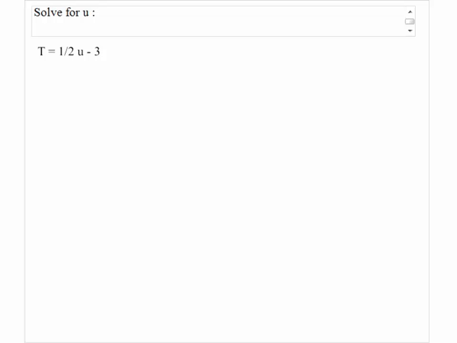Solve for u. We have t is equal to 1/2 u minus 3. So we have to isolate u. So when you have t equals 1/2 u minus 3, I can add 3 to both sides of the equation.